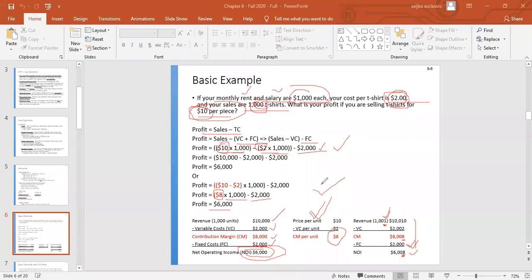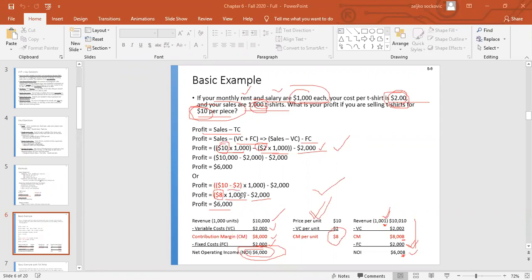And the 1,000 is the contribution margin for selling the total in dollars? What do you mean, 1,000? The one after the 8, multiplied by 1,000. I want to know what that was.